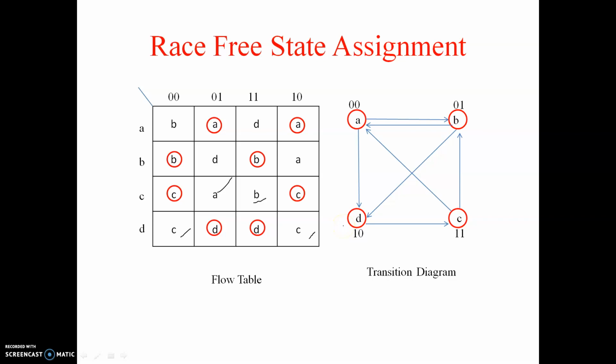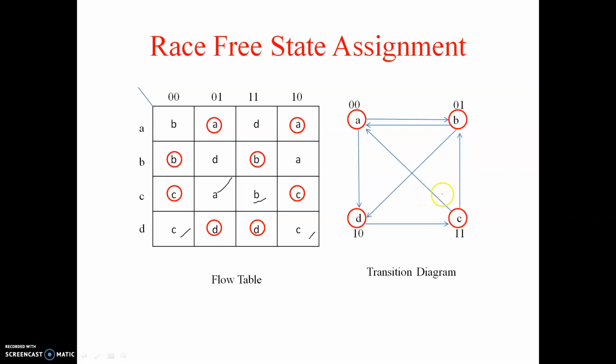In this transient diagram we have a race condition. Now let us check the race condition for this transient diagram. The transient from A to B has a 1 bit change only. From B to D we have a 2 bit transition, and from C to A also we have a 2 bit transition.